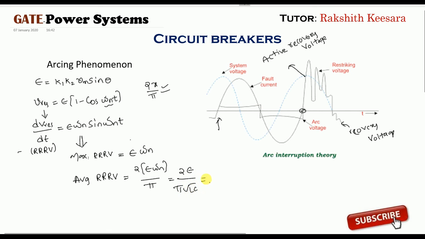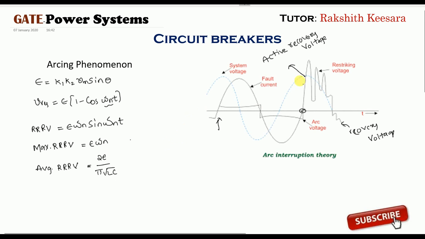Now if you observe here, 2E is the maximum restriking voltage and pi root LC is the time taken to reach the maximum restriking voltage. So I can also define average RRRV as the maximum restriking voltage divided by the time taken to reach the maximum restriking voltage. In the question, he may ask in any manner. You should be able to answer it.